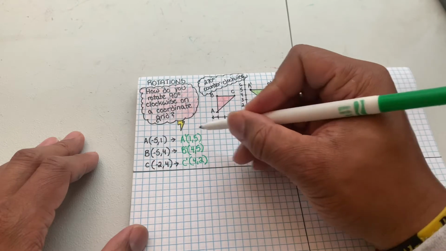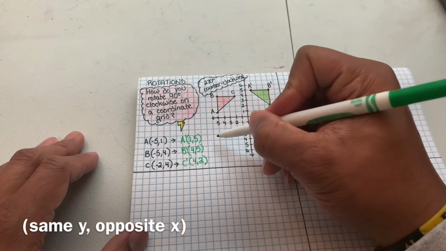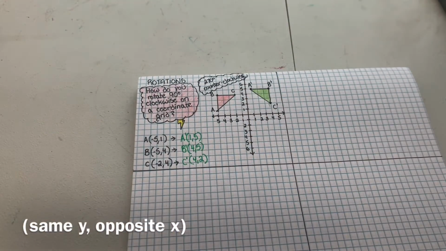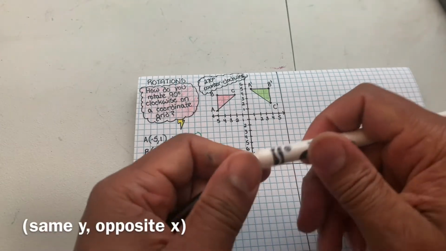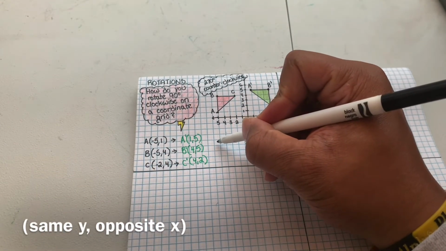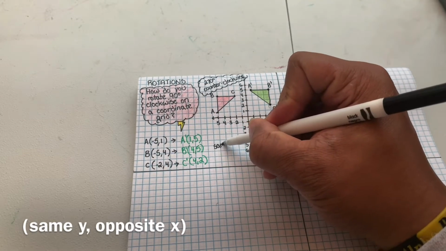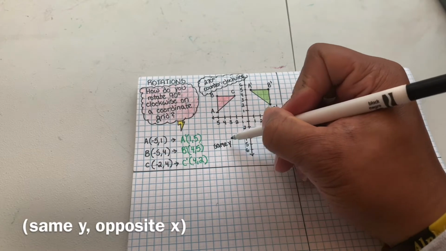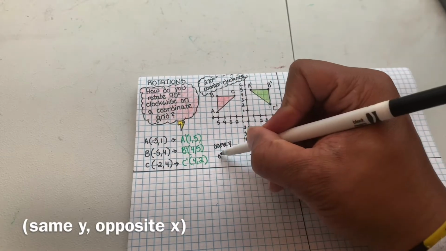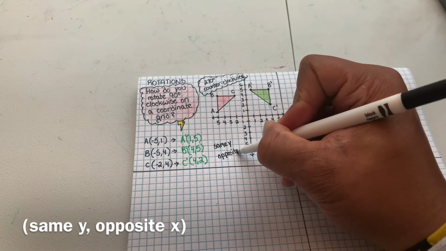It didn't change the sign, so we're going to write same y. And then we're going to go opposite x.